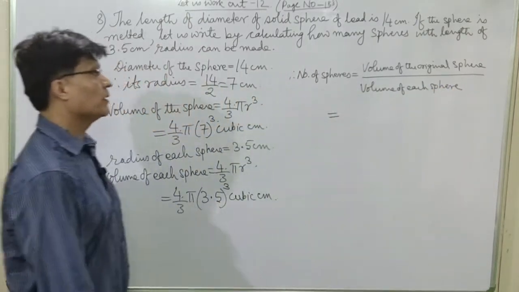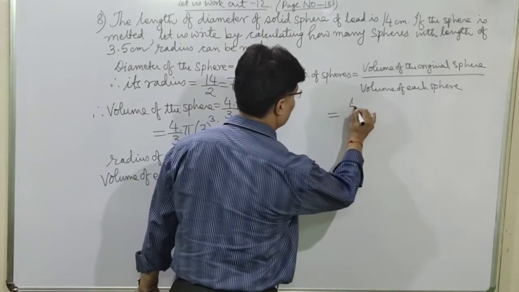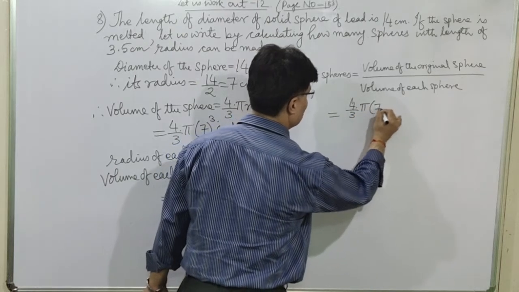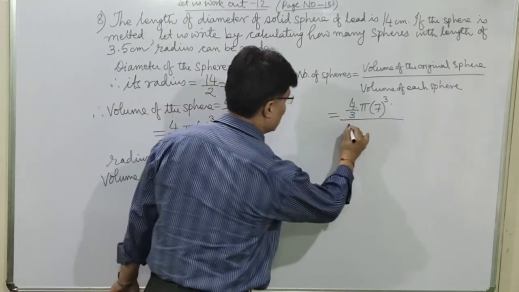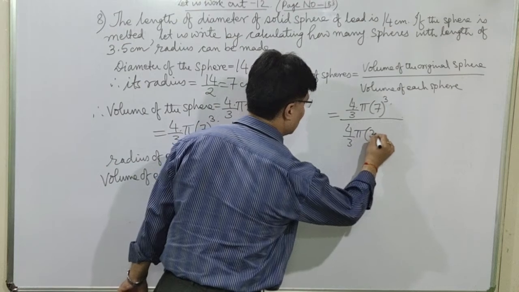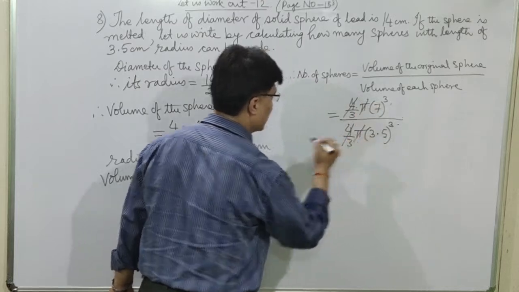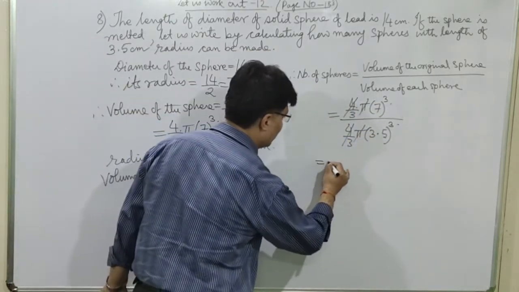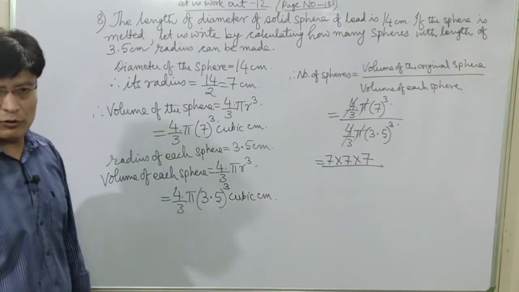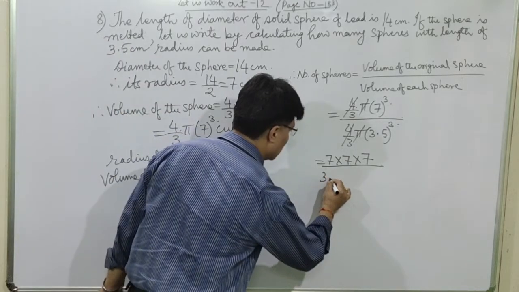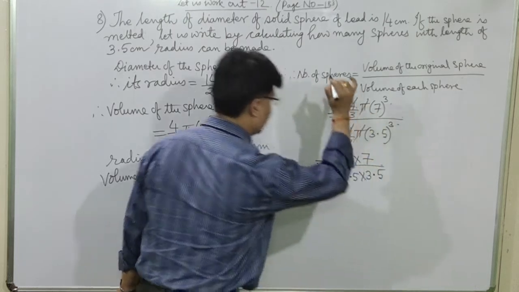So which is equal to, now let us put the volume of the original sphere. What is the volume of the original sphere? It is 4/3 pi 7 whole cube divided by, what is the volume of a sphere? It is 4/3 pi, this is 3.5 whole cube. So you can cancel it, 4/3 pi gets cancelled. Let us simplify it. So 7 cube means 7 into 7 into 7 divided by, what is 3.5 whole cube? यो चाहिँ भयो 3.5 into 3.5 into 3.5.